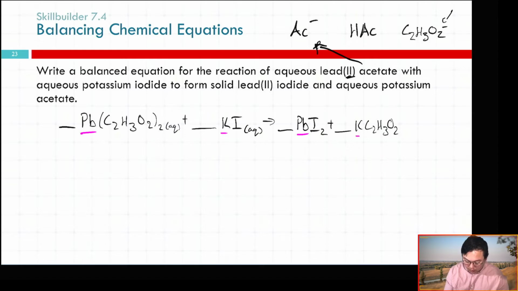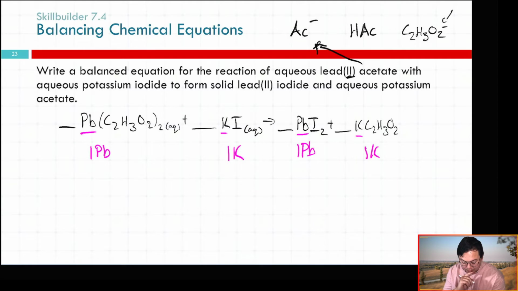Potassium also is only in one compound on the left and right. It shouldn't matter which one we start with, but lead and potassium are both already balanced. We have 1 lead on the left, 1 lead on the right, 1 potassium, 1 potassium.